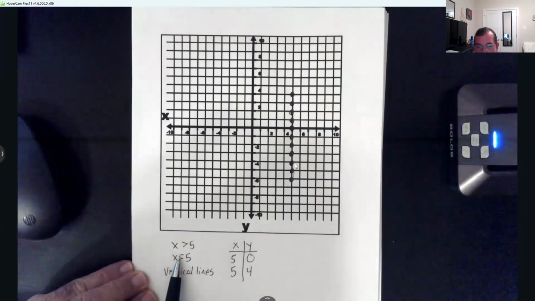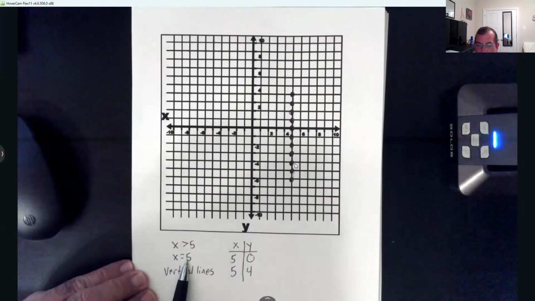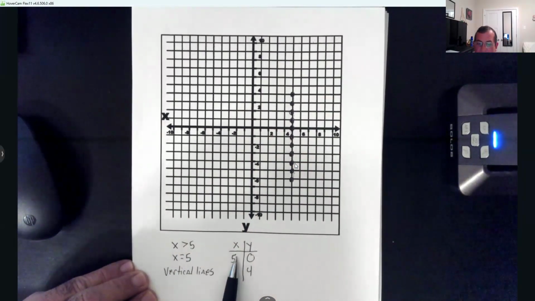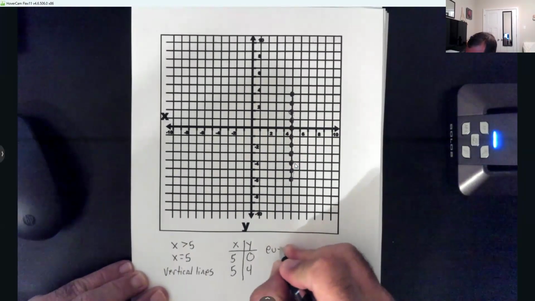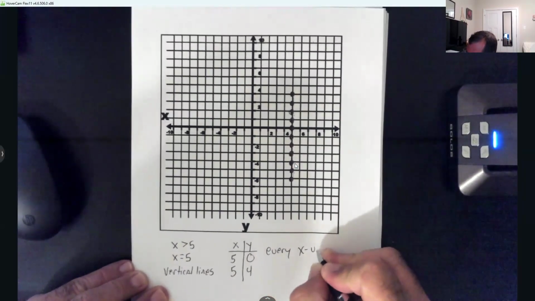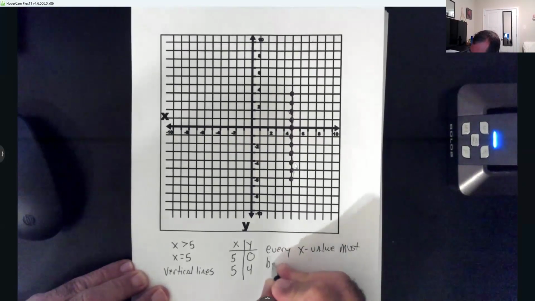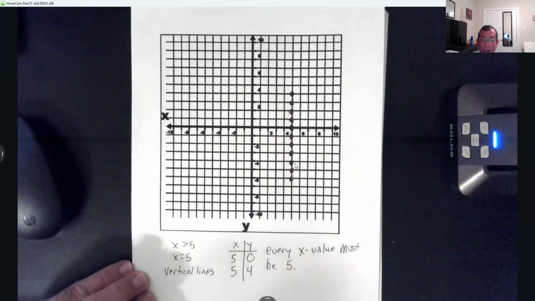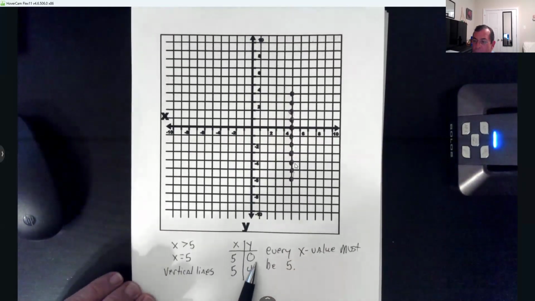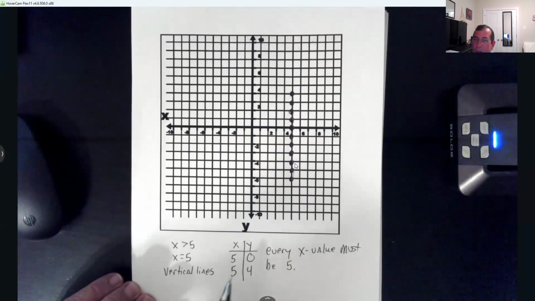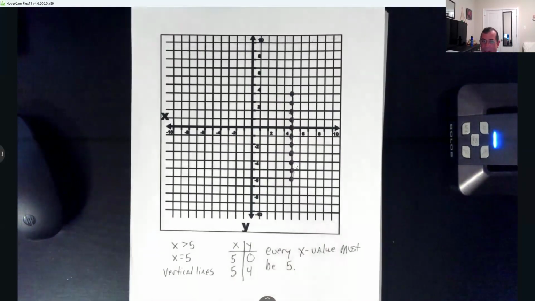So when you plot X is greater than 5, X equals 5, X less than 5 even, every X value must be 5. Okay, we don't care what the Y values are. But on this kind of equation, every X value must be 5, okay?